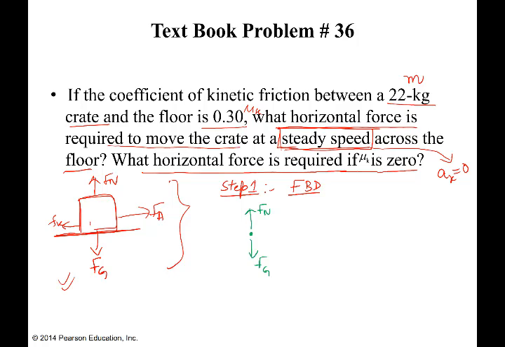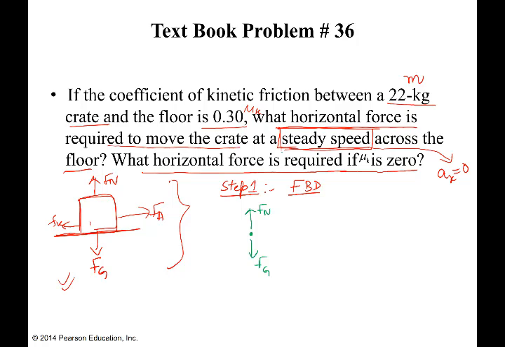We are told the coefficient of kinetic friction between the crate and the floor, and we need the horizontal force required. A free body diagram is shown. The crate does not accelerate vertically.